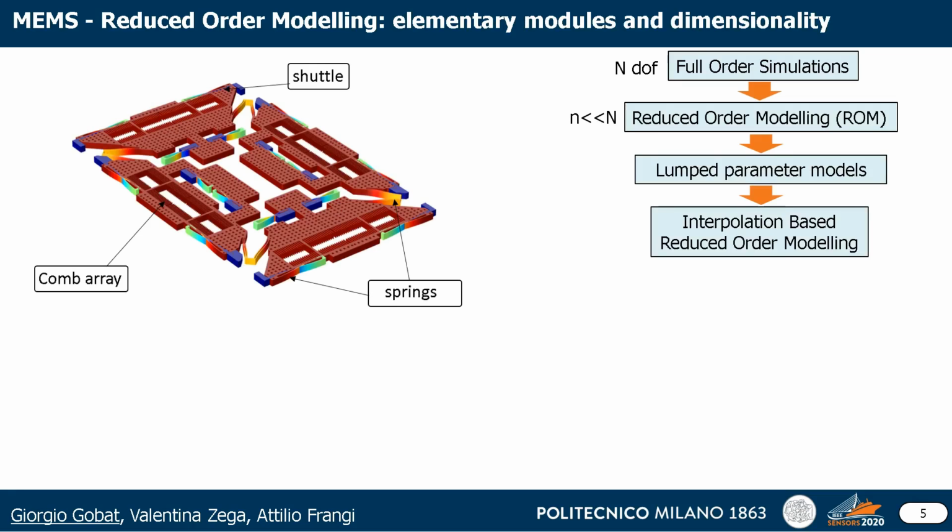The reduced order model construction can use the structure layout. The MEMS considered has two symmetry axes, and the comb drives are composed of fingers having the same dimension. This feature allows an efficient component lumping, since we can consider them as repeated modules, simply rotated and mirrored in the structure.